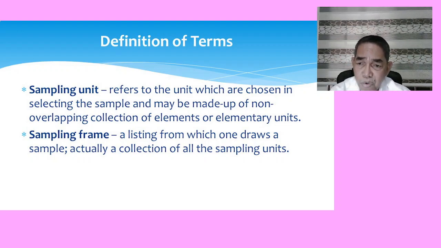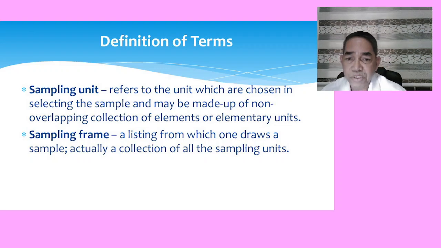If that household has a preschool child, then that child in that particular household will be my sample, and it may be made up of non-overlapping collections of elements. So it may be made up of the different preschool children that do not overlap. That's why it's called non-overlapping collection of elements. Okay, so that basically is the meaning of the sampling unit. As a matter of fact, we'll be going back to this concept in a little while.